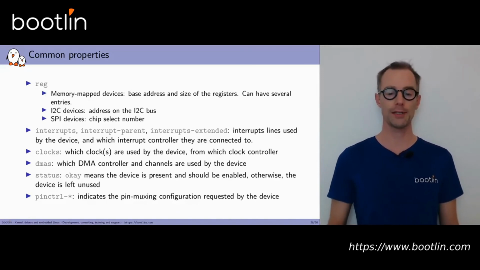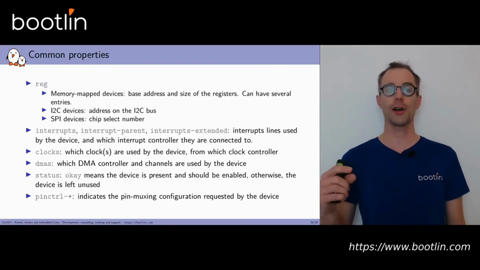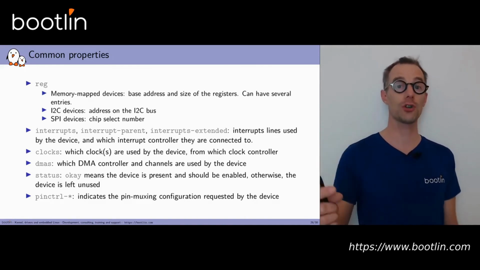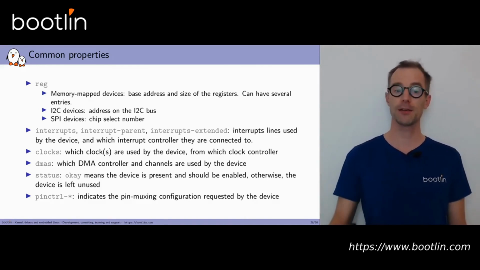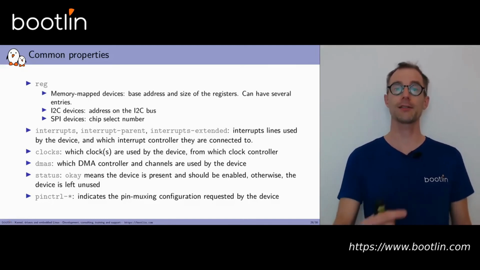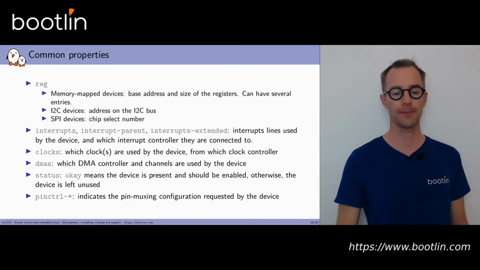Clocks is also widely used. It indicates which clock or clocks are used by the device that you are currently describing and from which clock controller. DMAs, in a similar way, will describe which DMA controller your device is attached to and which channel of this DMA controller it is using.